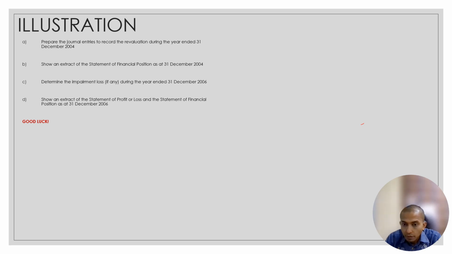This is basically the question, asked on A, B, C, and D. I just summarize back what we saw just now. On land, in 2002, it was originally 8 million, went to 10 million in 2004, and then went to 6 million in 2006, after 2 years and 2 years.